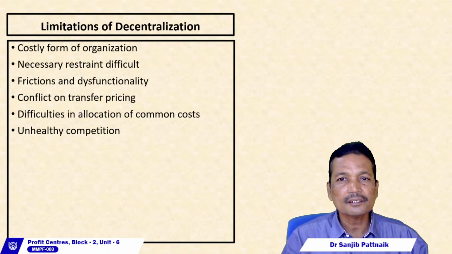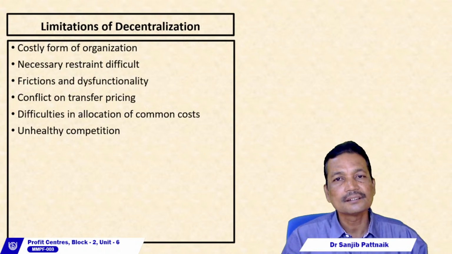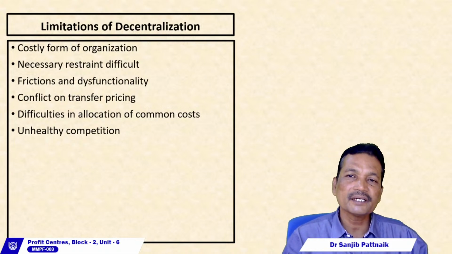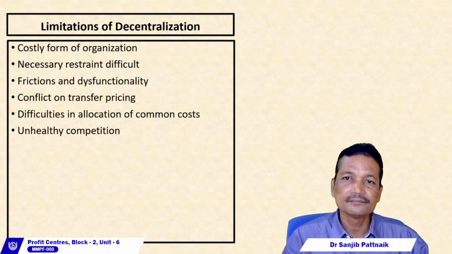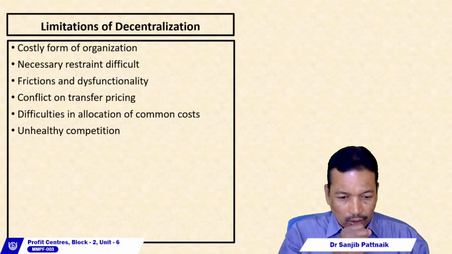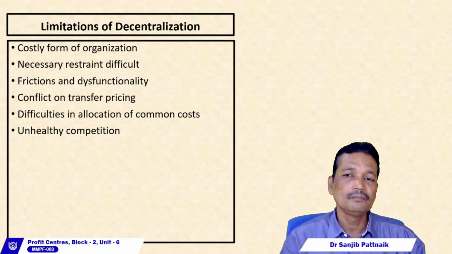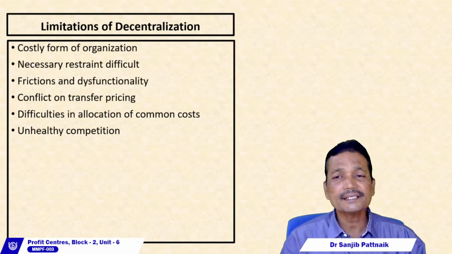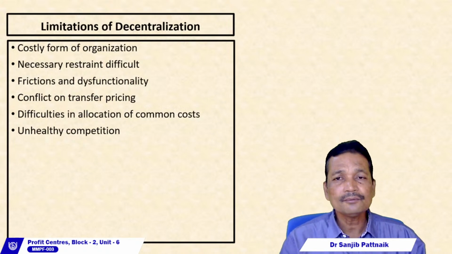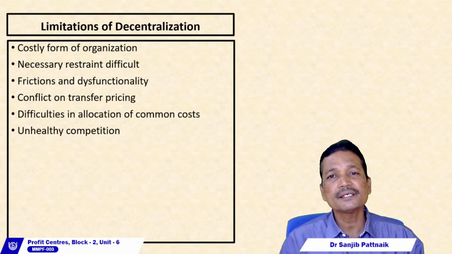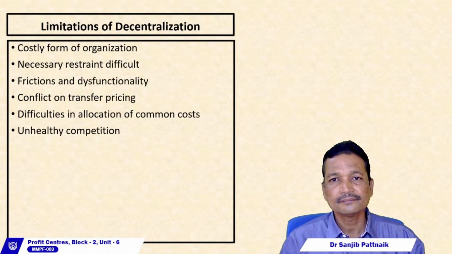Now there are many other departments which provide services to the various profit centers, like we can say legal services, we can say the accounting department, etc. Now, how can we divide their cost among various departments?